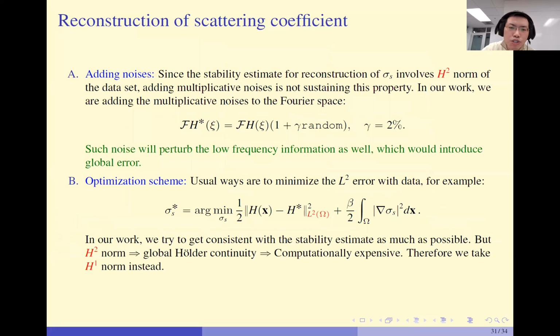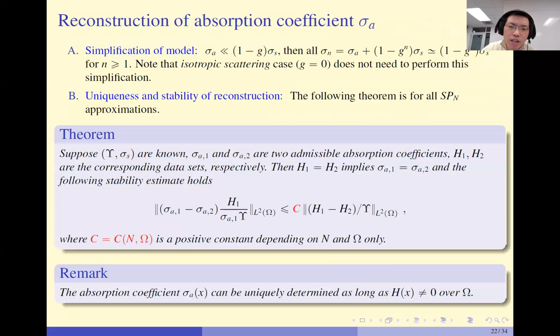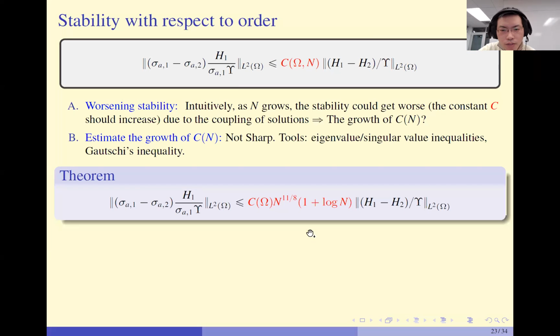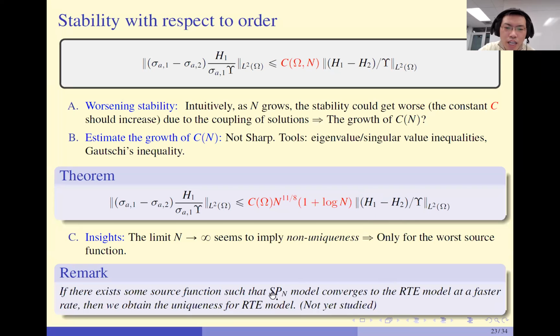And if you want to push the result from layer median to the limits to the radial transport model, you just need to solve this question, whether or not the SPM model can converge to the true model for the layer median faster than this rate. It seems to be true if the source function is smooth enough, then probably you will have a faster convergence rate. But I don't have a clue how to do that in a rigorous way. It's intuitive, but I don't know what is the correct way to do that.